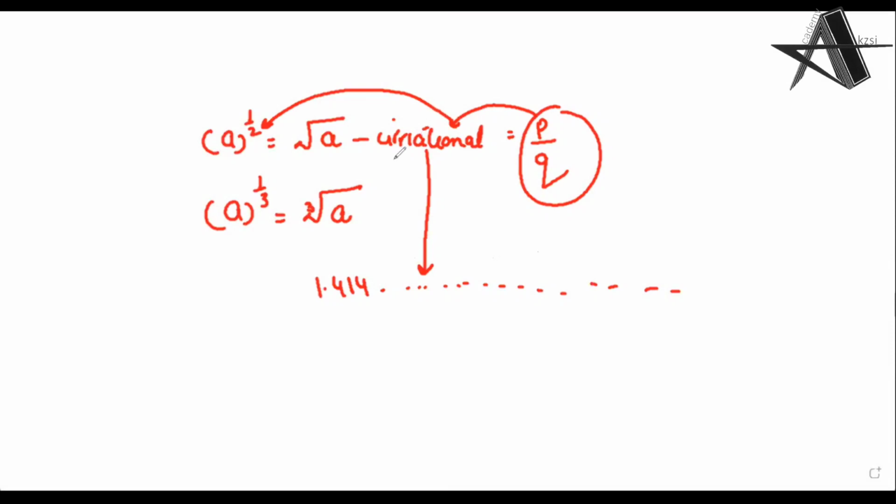Second thing is the numbers that are recurring in nature. It's important that they all are non-terminating. You cannot end them, there is no ending. In non-terminating also, there are two types: recurring and non-recurring.